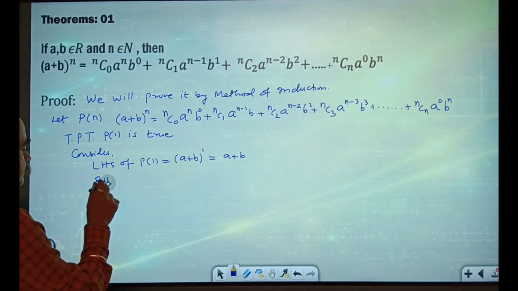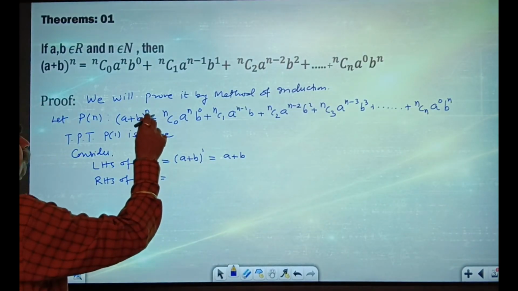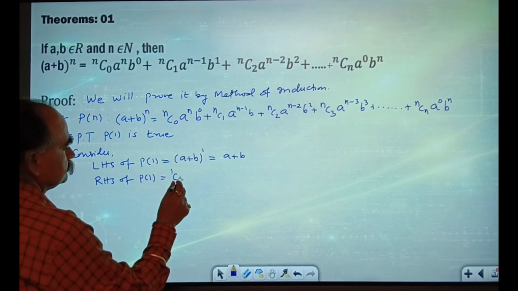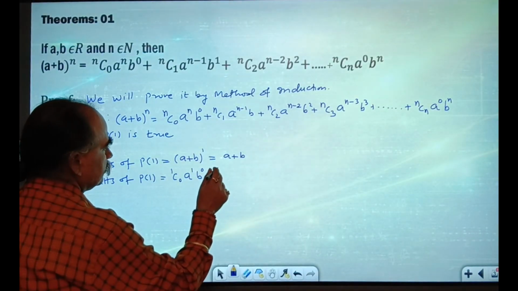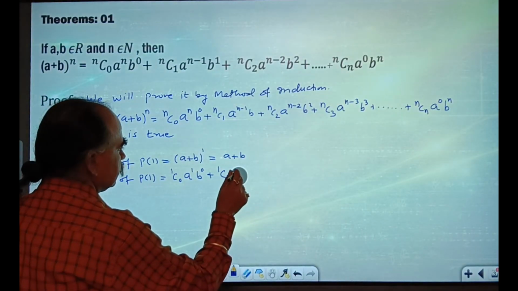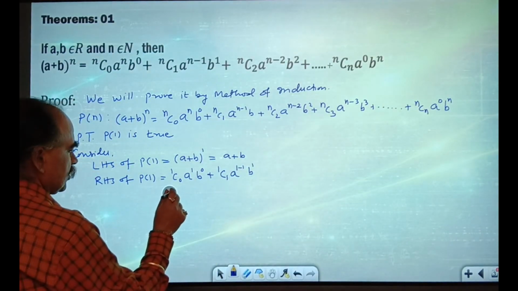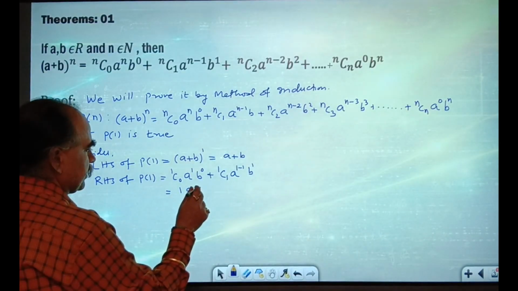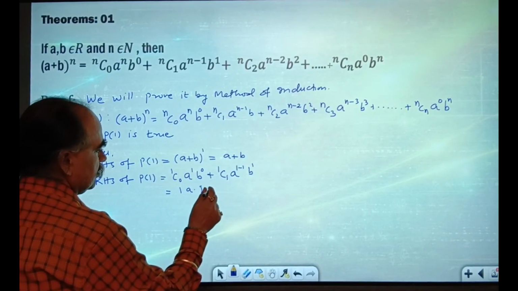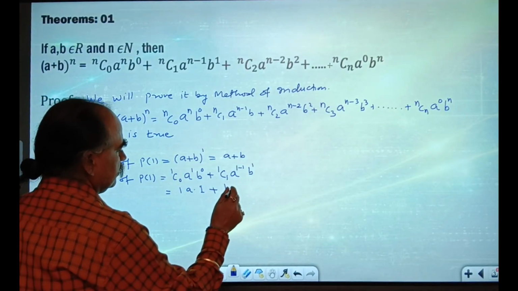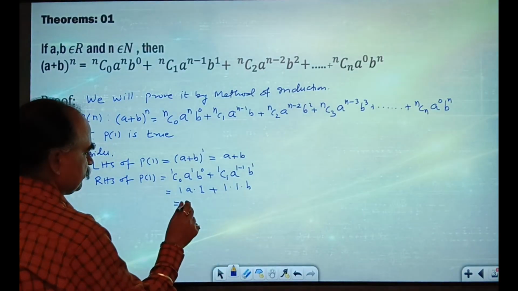RHS of P1, which is 1C0 a raised to 1, b raised to 0, plus 1C1 a raised to 1 minus 1, that is 1 into a into 1, b raised to 0 is 1, plus 1C1 is 1, a raised to 0 is 1, b raised to 1, which is a plus b.